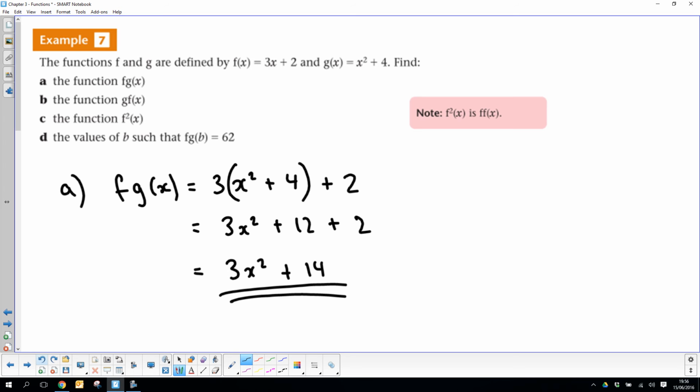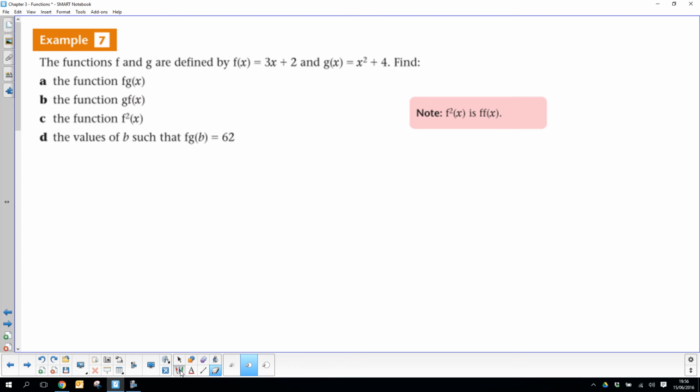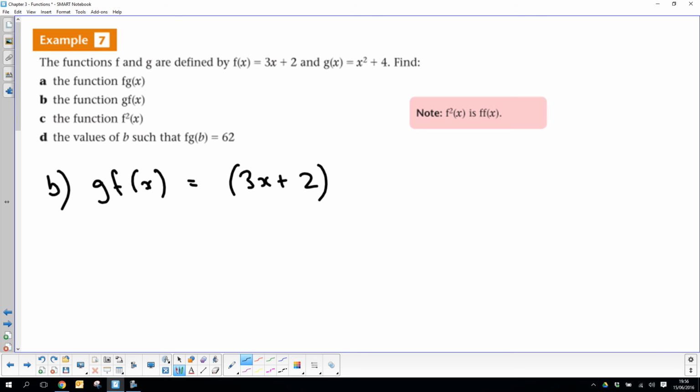Let's get rid of that so that we can see part B. Part B is the function gf of x. Now this time we've got to do the f of x function first. So that's going to be 3x plus 2. And then we're going to sub that into the g of x function. So this 3x plus 2 becomes our x input.